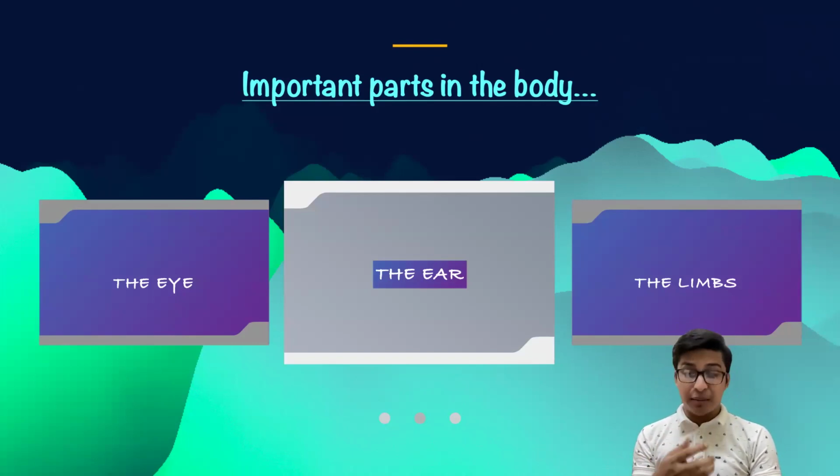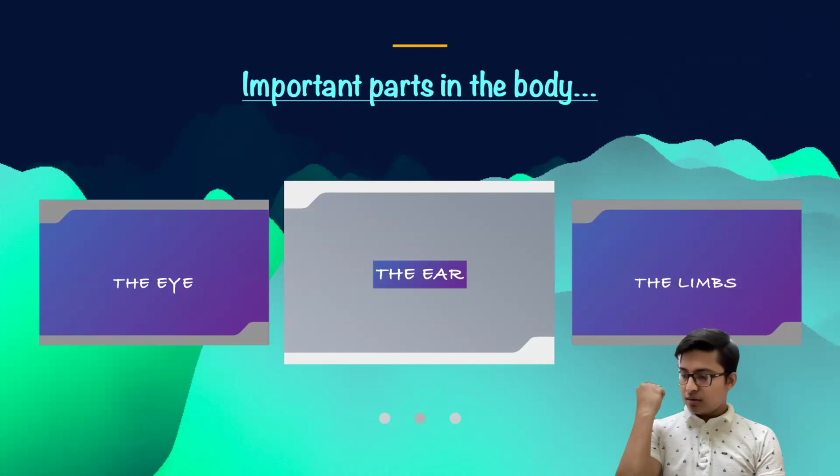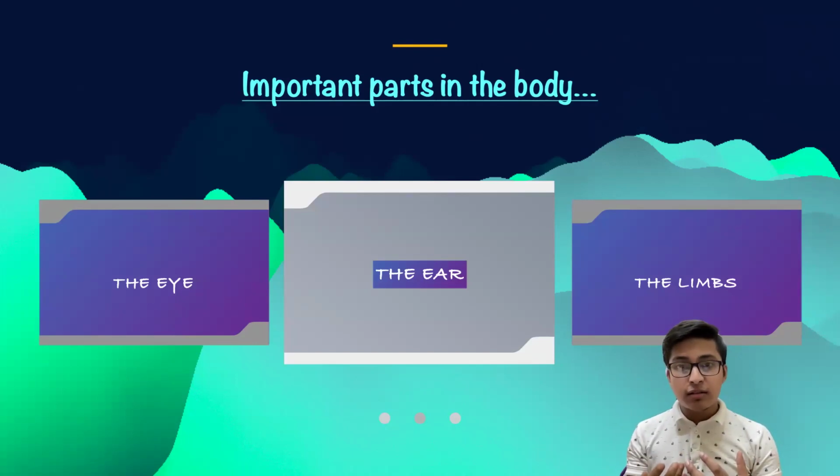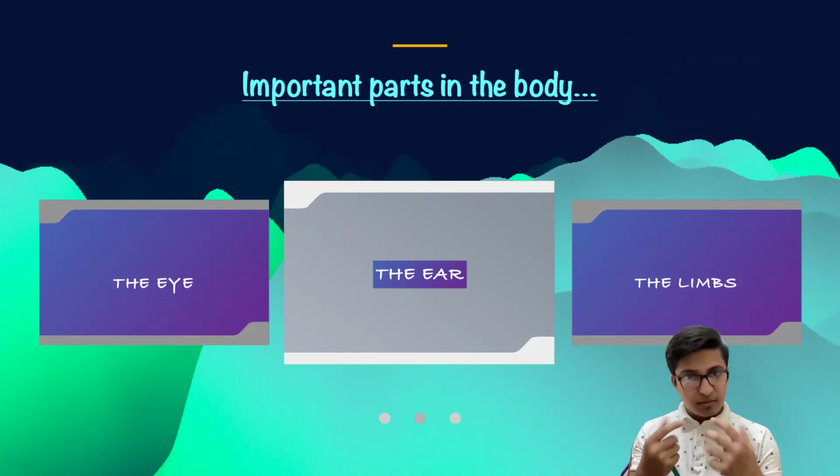To hear something. I'm teaching you. How are you hearing it? Through your ears. Okay. The limbs, we move, we can hold, we can grip, we can walk, right? Our limbs. I've just given some examples of the parts.